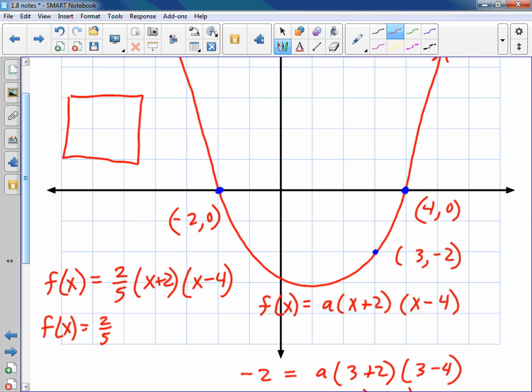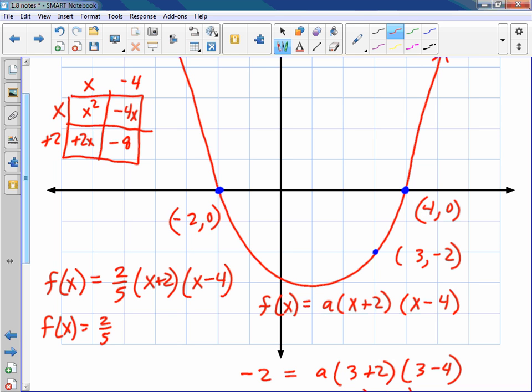Factoring or multiplying that out, x minus 4, x plus 2, x squared minus 4x plus 2x minus 8.